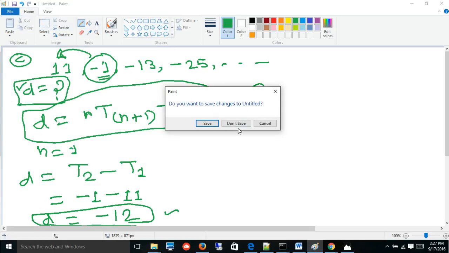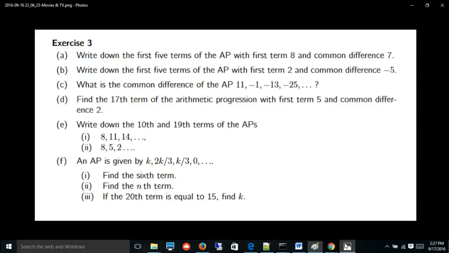What is this next question saying? Let's see. Question number D. What is question number D saying? Question number D is saying: find the 17th term of an AP with first term 5 and common difference 2. Now they have two things. If you read this question carefully, they have given the value of A as 5 and the value of D as 2.